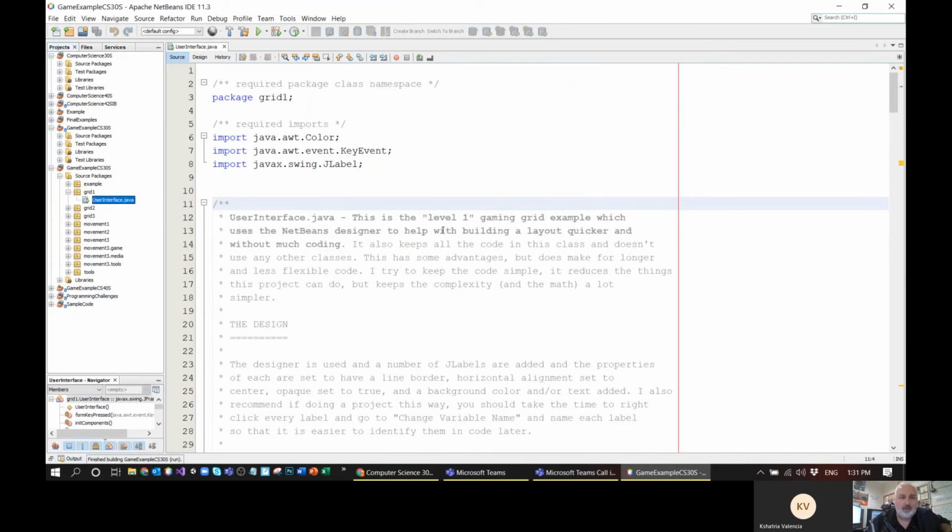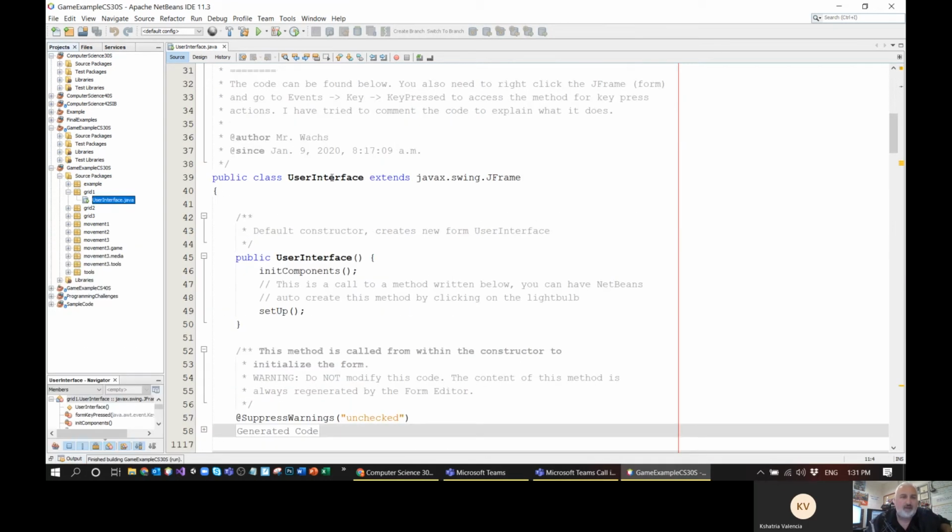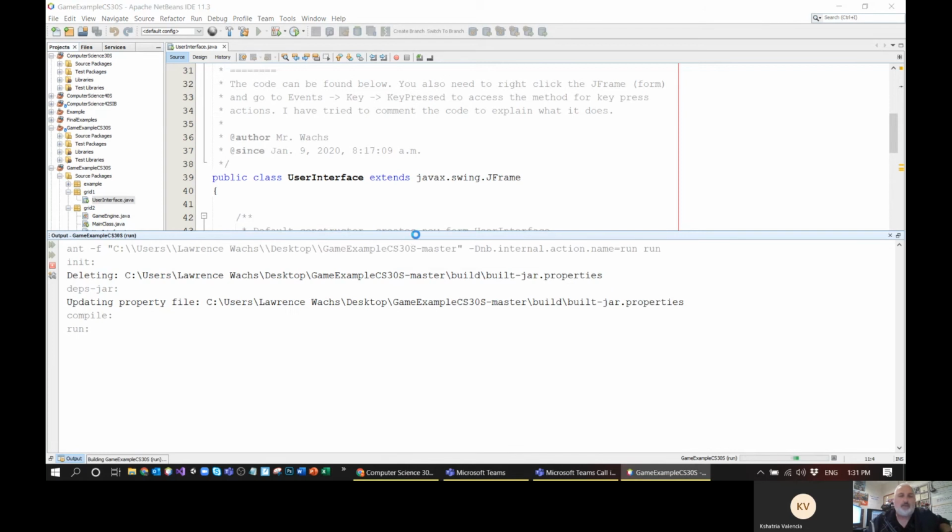Okay, and again, you could go in and read all the code with comments to get a feel for how that works. Grid 2 also expands into multiple classes, not as many as movement. I tried to add a few features to grid 2. Oh, where's grid 2? It's just sluggish.